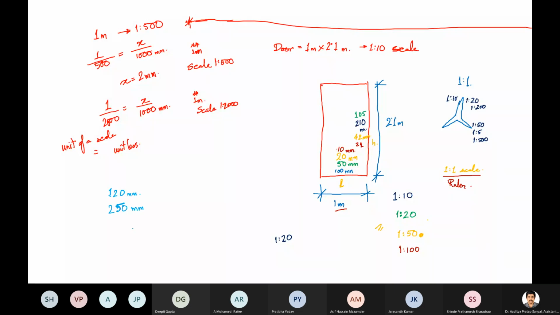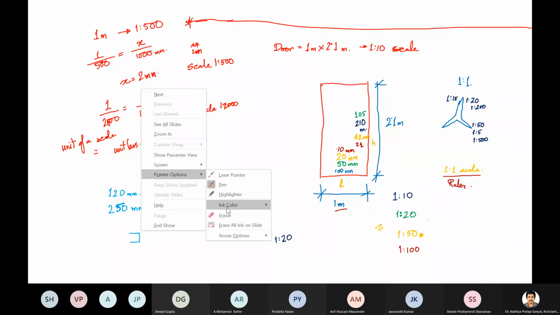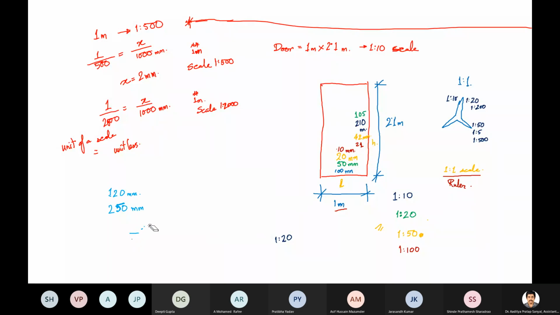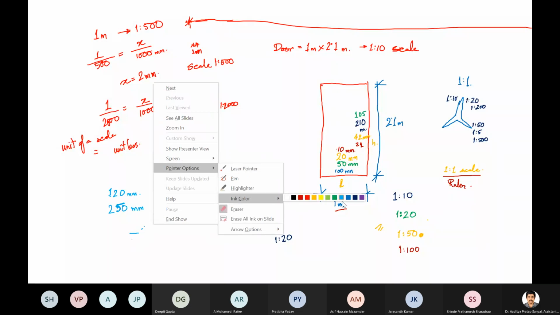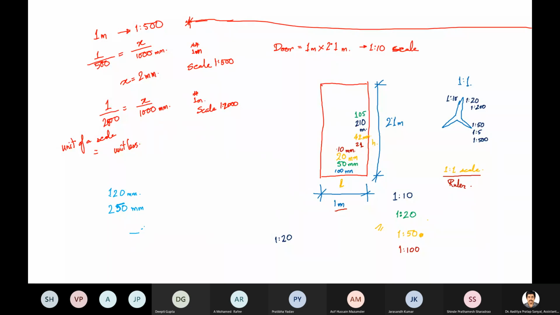So when we are making the wall at a scale of, say, 1:10, this 250 mm looks like 25 mm.